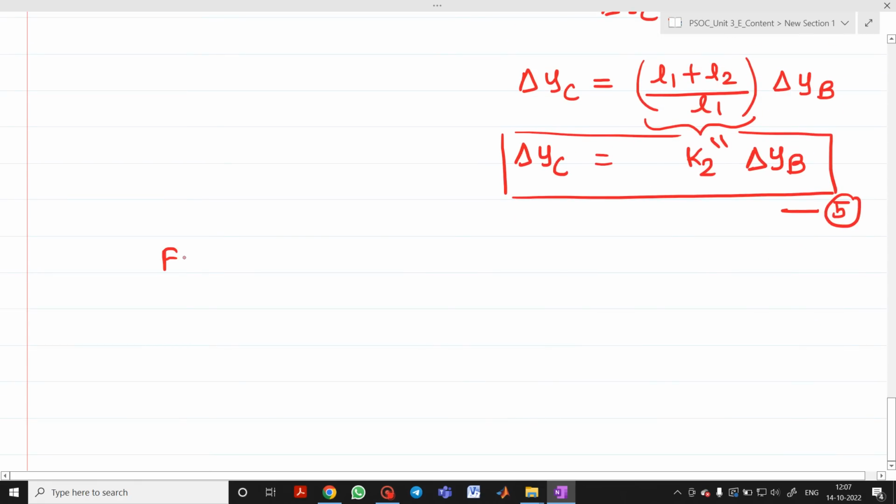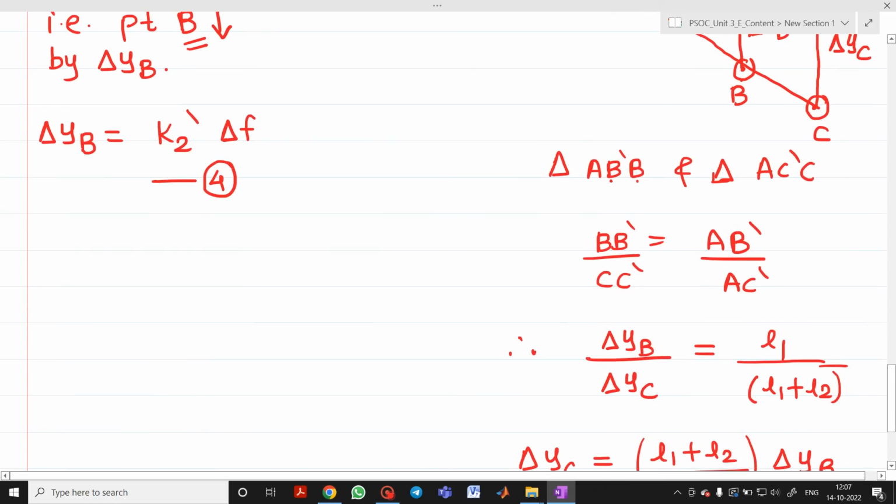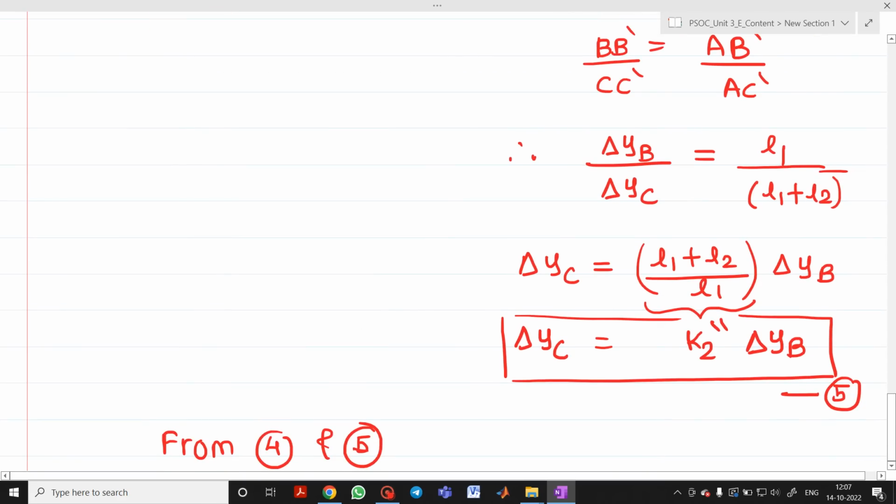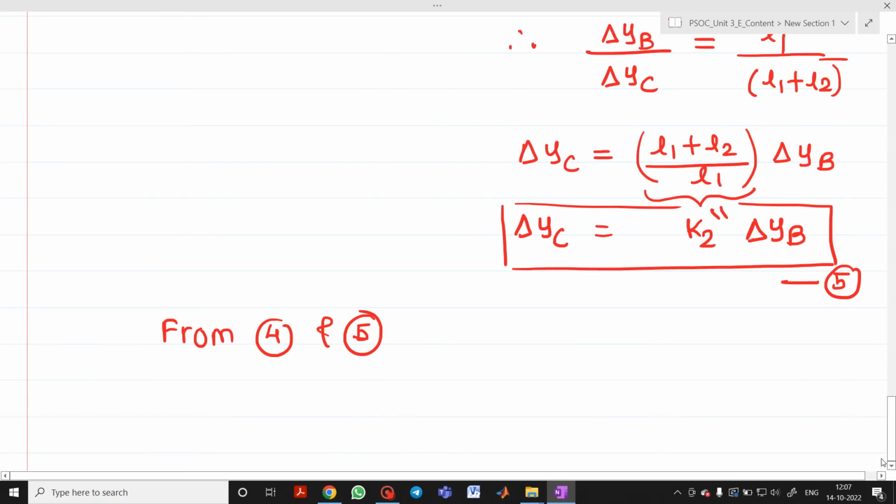So again, from equation number 4 and equation number 5, how can I write? Please refer to your equation number 4. What is your equation number 4? Delta YB equal to K2 dash into delta F. So I will write first equation number 5. Delta YC will be equal to K2 double dash.